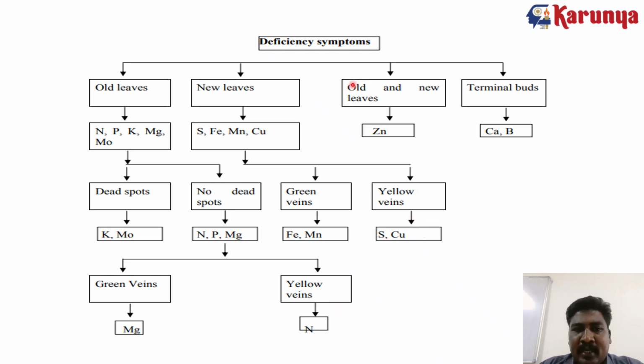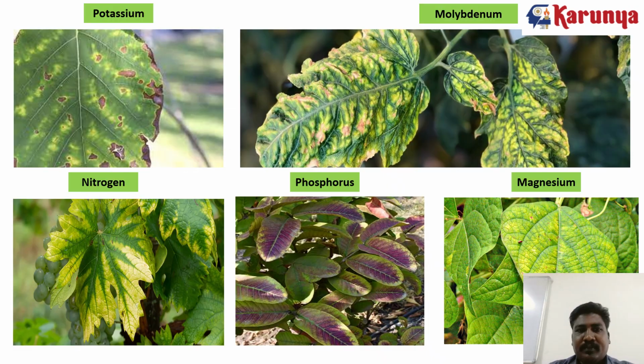So as I told, sometimes older and new leaves both have the same deficiency symptoms. That could be due to zinc, because zinc is recognized as a partially mobile nutrient. Sometimes the nutrient deficiency will be shown in the terminal bud due to calcium and boron. Mostly it is affecting the growing tip of the plant.